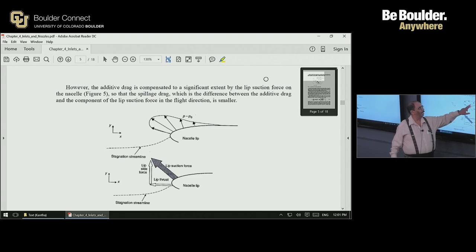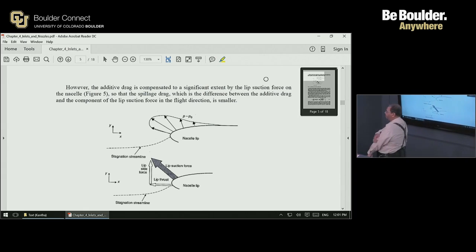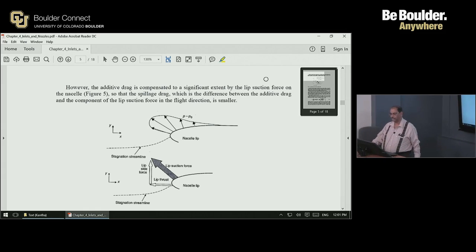And the component of the pressure acting on the surface in the direction of flight produces a lip thrust. So this lip suction force produces a lip thrust that tends to counteract the additive drag. Once again, these things are important in the nacelle design.